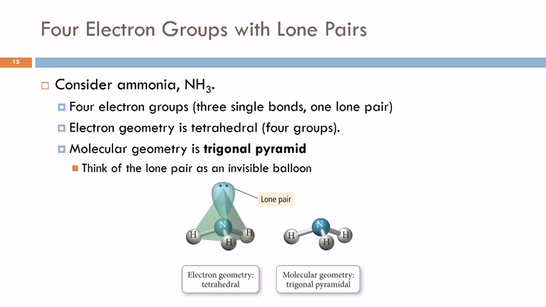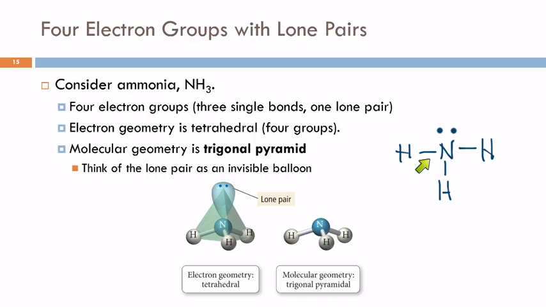But if we have lone pairs, let's look at ammonia. I'll draw the Lewis structure here real quick. So there's our Lewis structure. We look at the central atom and ask ourselves how many electron groups.